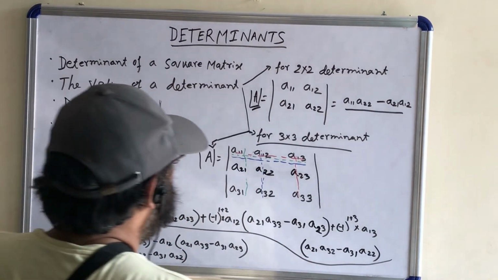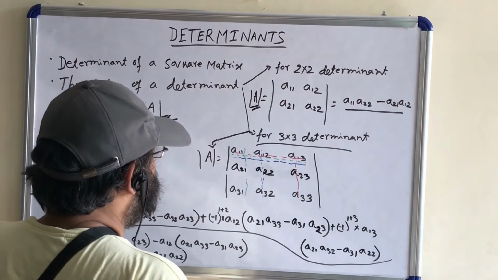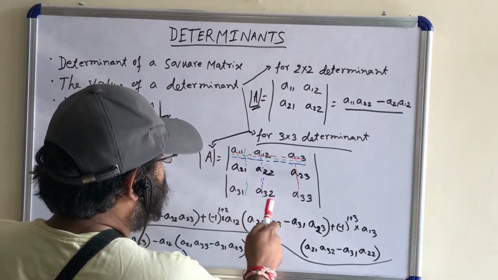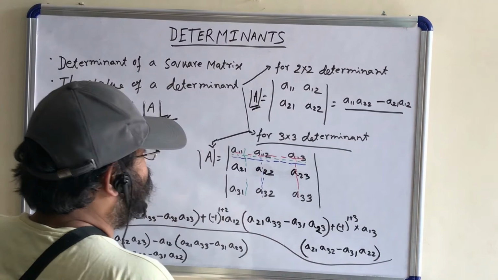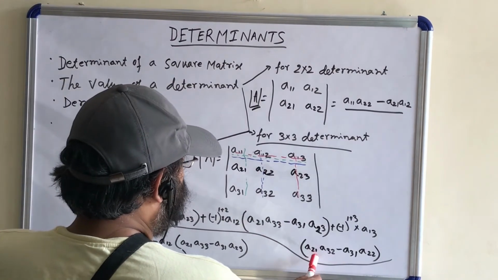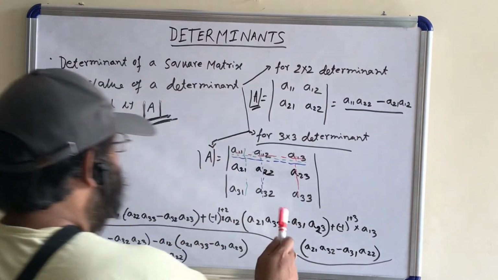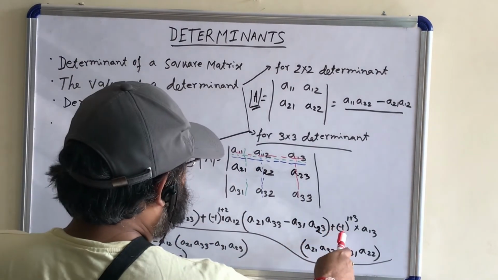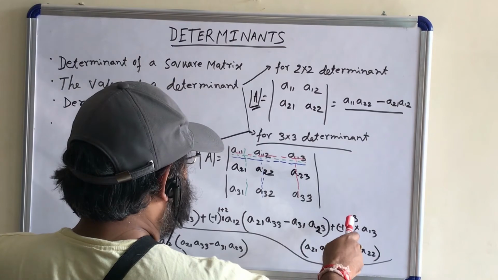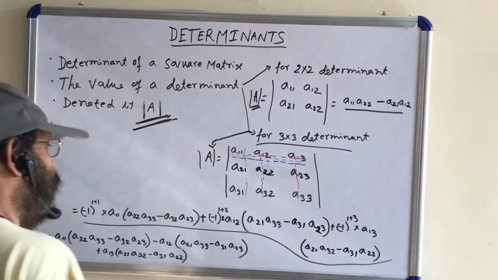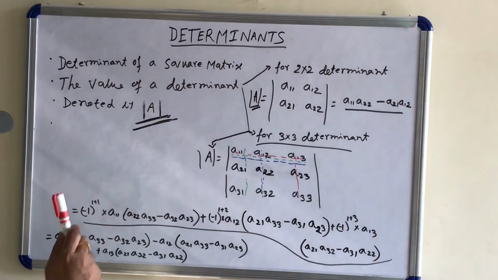What would be the remaining determinant? It would be A21, A22, A31, A32. So what would be the value? A21 A32 minus A31 A22. And what would be the sign of this? Minus 1 whole to the power 1 plus 3, since the row number is 1 and column number is 3.